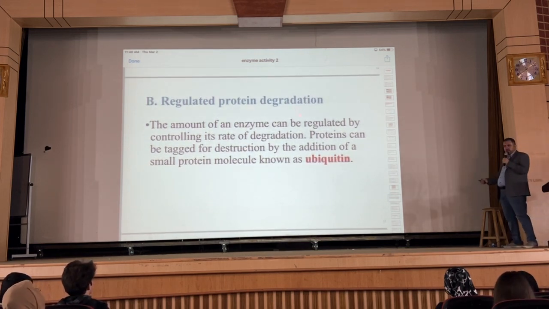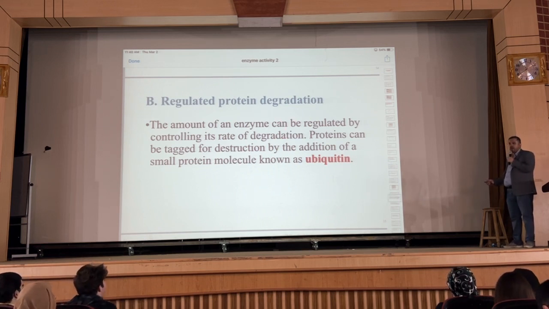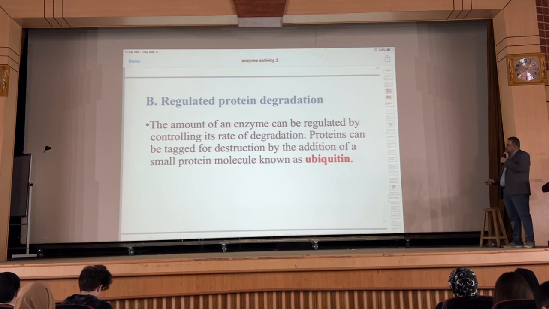Or the degradation of the enzyme or protein, clearance from our body. It can be inactivated and cleared from our body, either in the urine or in the stool.